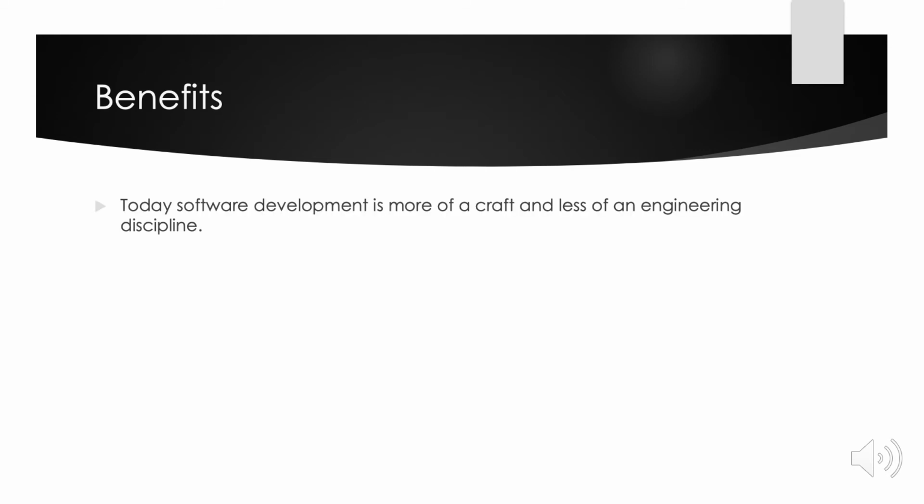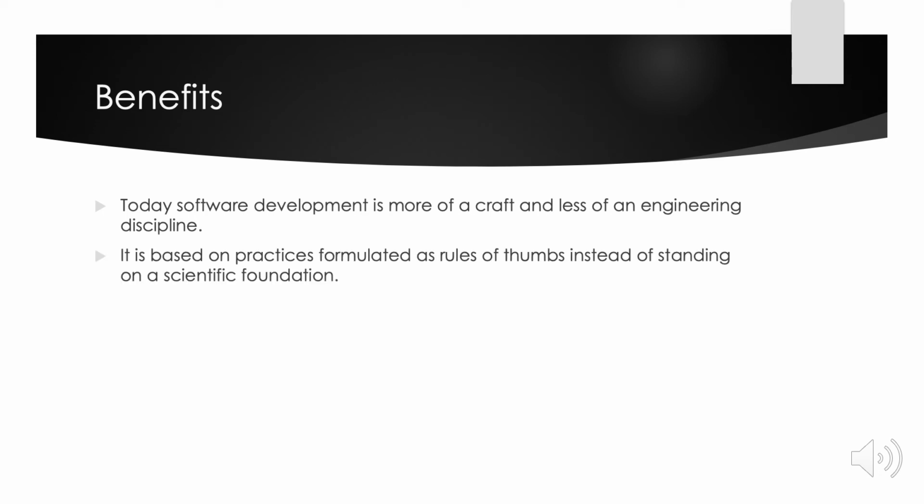And the benefits of using Essence: today's software development is more of a craft and less of an engineering discipline. And the SEMAT community wants to make it once again more of an engineering discipline, where you have a straight goal where you want to go, but still they don't want to kill the creativity of software engineering and the development process, because you need creative people to do the code.